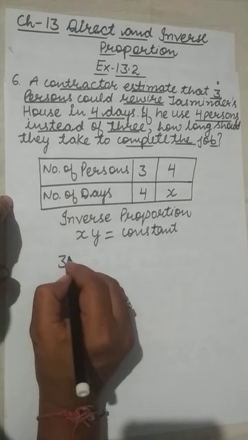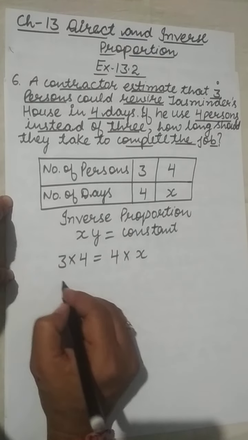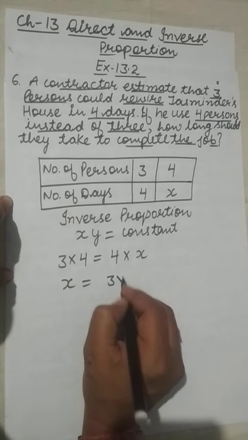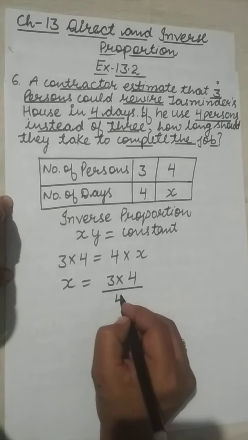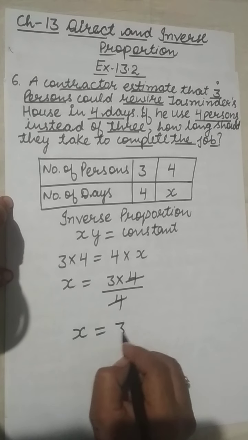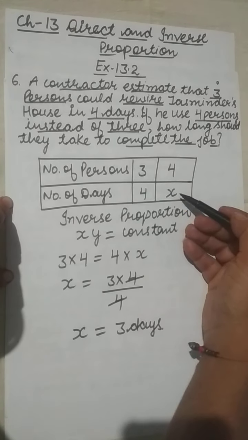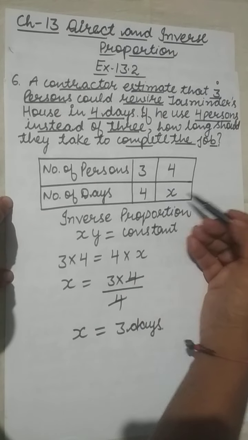So 3 multiplied by 4 must be equal to 4 multiplied by x. So x must be equal to 3 multiplied by 4 divided by 4. 4 and 4 cancel. So x is equal to 3 days. So 4 persons will take 3 days to complete the same job.